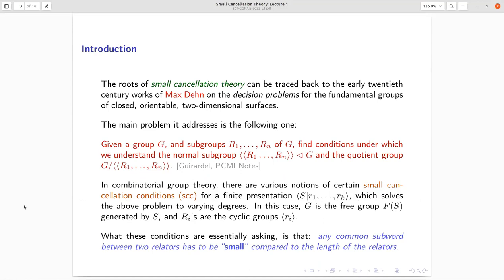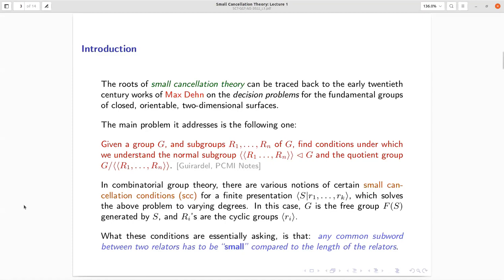He was working on the presentation of surface groups, fundamental groups of closed surfaces, and there he saw that if some word is trivial, then there are some subwords which are parts of some conjugate of a relator, where the length of those subwords is more than half of the relator.